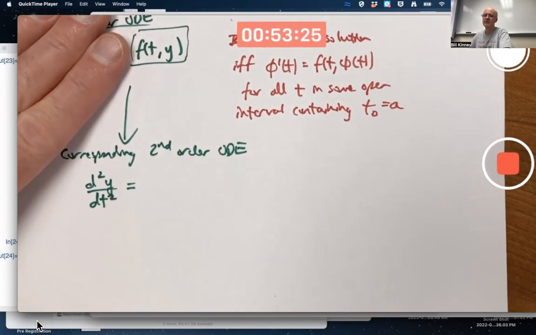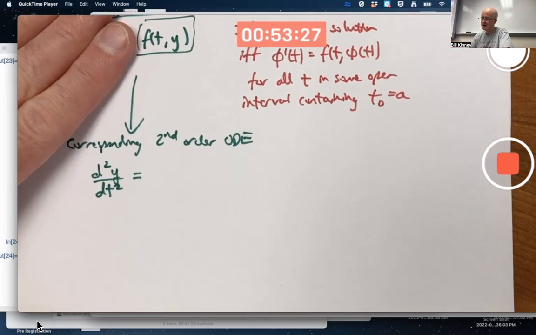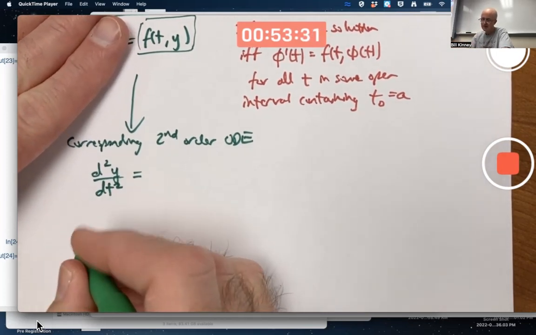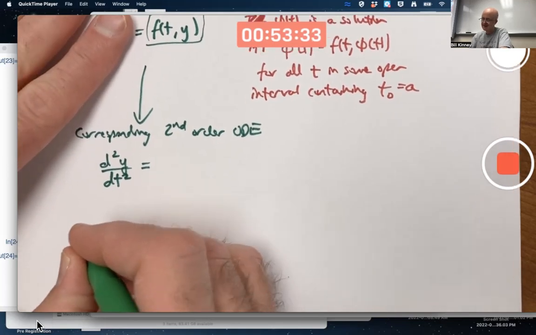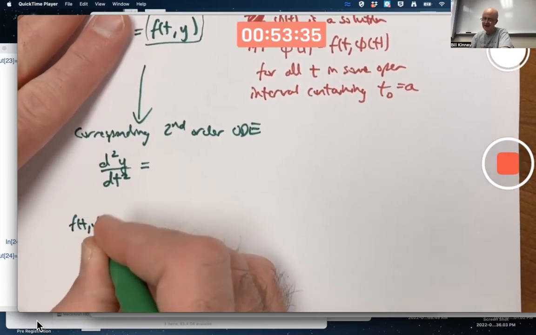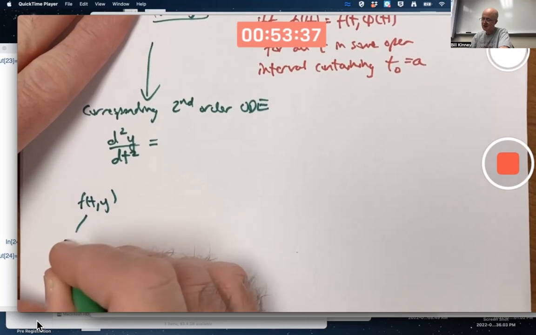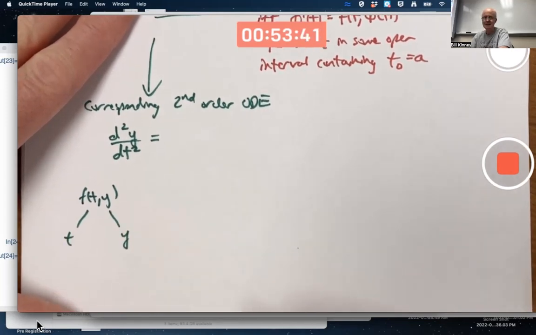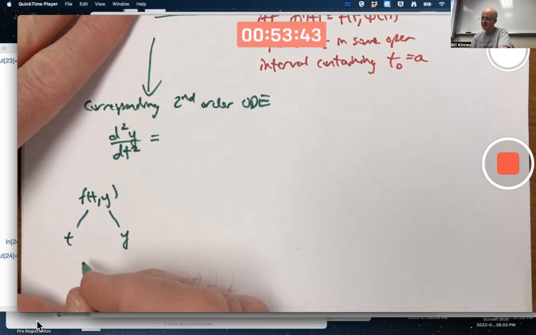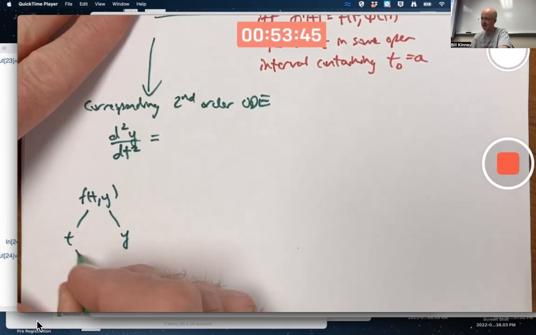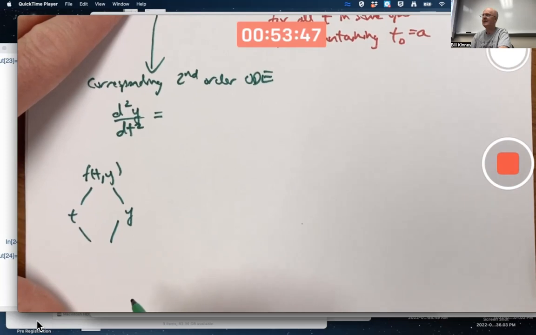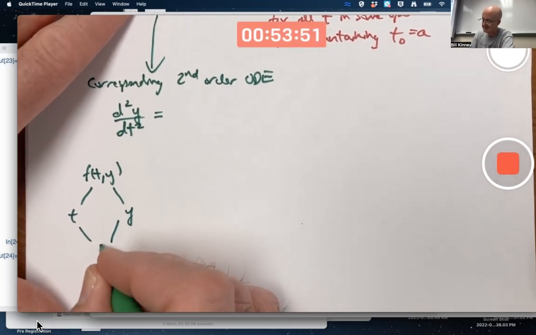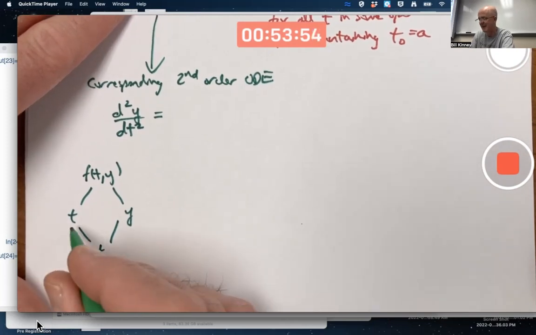I don't know if in multivariable calculus, if Dr. Yang shows you diagrams like this. Let's see. Your function here, in this case, f of t, y, depends on two variables, t and y. And those variables could depend on some other variable that you could give a different name, like z, if you wanted to, although in our case, it's the same letter here as t.